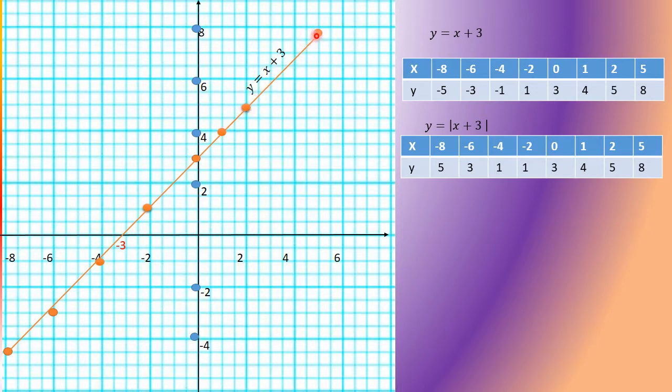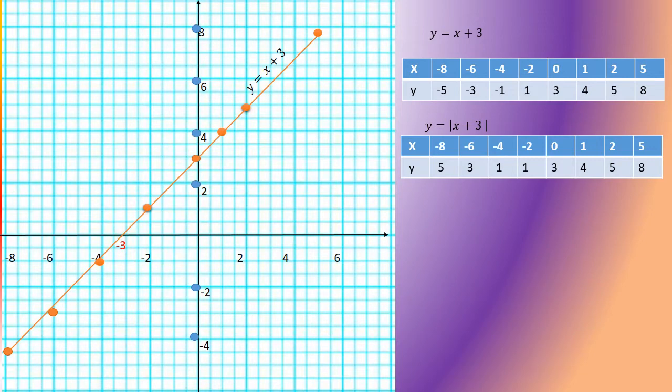And 5, 8, it's marked. So the positive values are already marked. And also at minus 2, it's plus 1. That's also already marked. Then over here, the graph touches the x-axis at minus 3, 0.